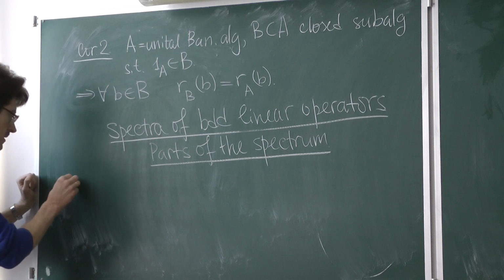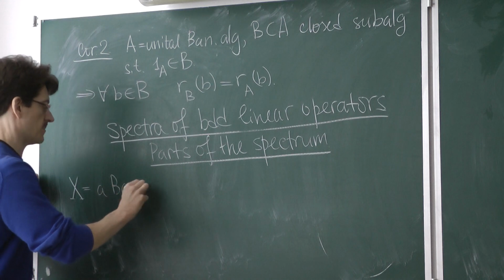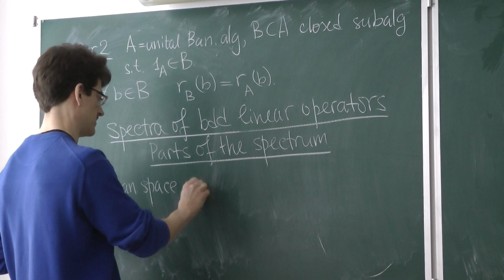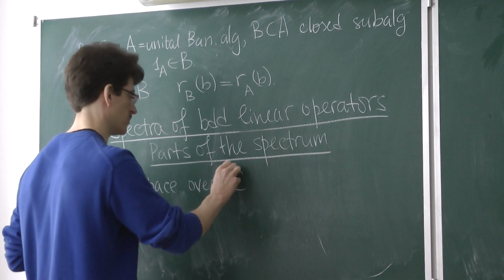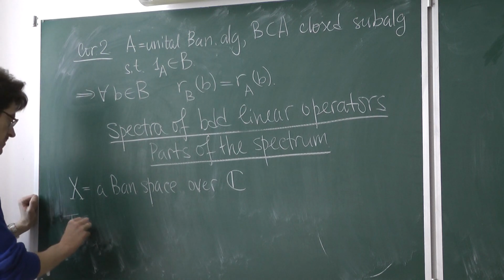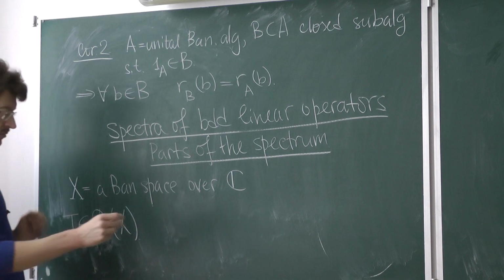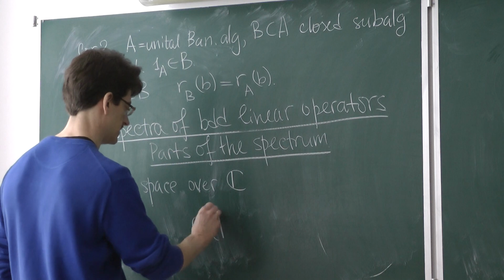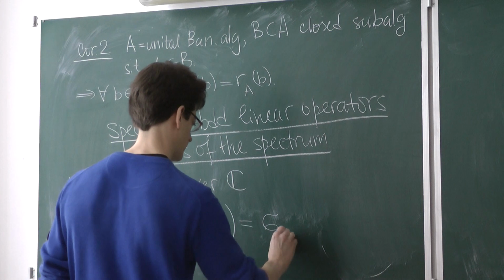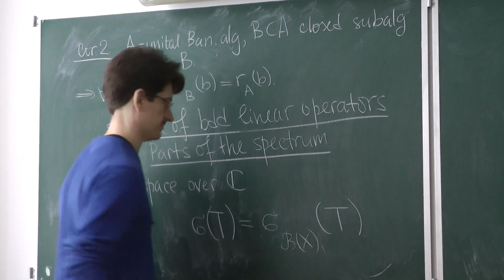So let X be a Banach space over the complex numbers. When we deal with the spectrum, we always work over the complex numbers. And let T be a bounded linear operator on X. So by the spectrum of T, we always mean the spectrum of T considered as an element of B of X, the algebra of all bounded operators on X.